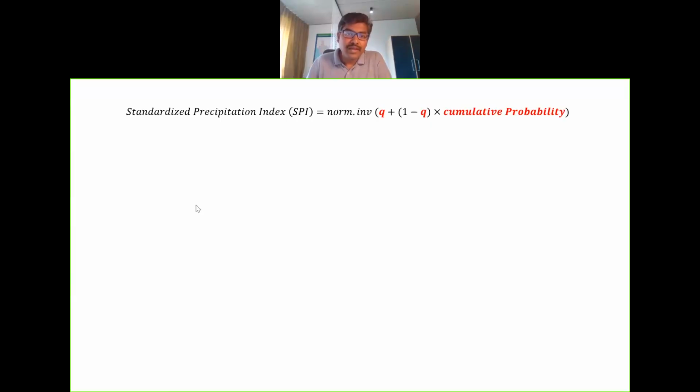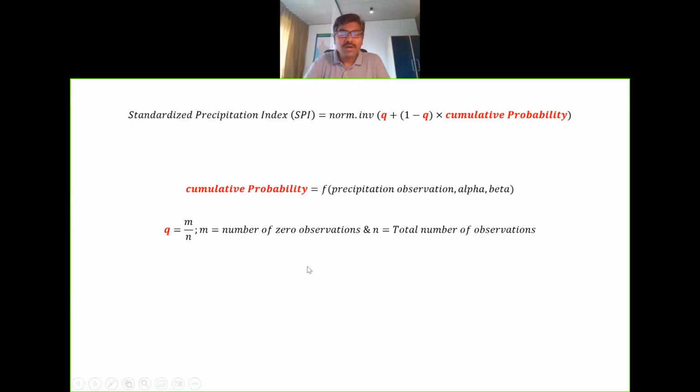So, SPI is equal to the normal inverse of this particular equation: Q plus (1 minus Q) multiplied by the cumulative probability. In this equation, we should know what Q is and what the cumulative probability is. The cumulative probability is a function of the precipitation observation, alpha, and beta.